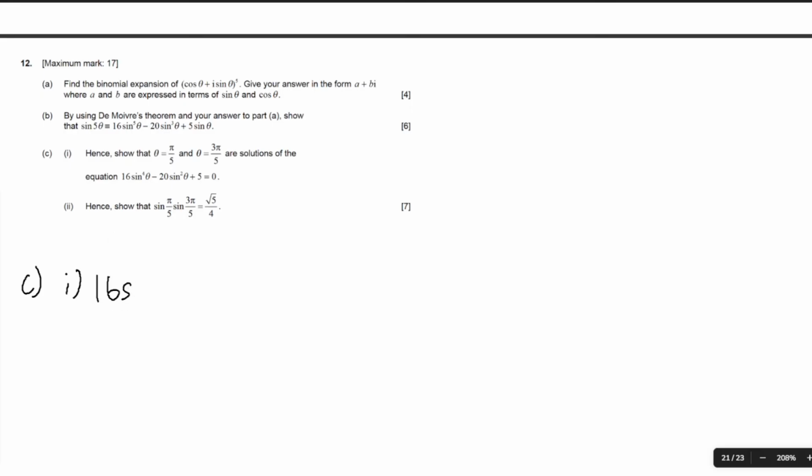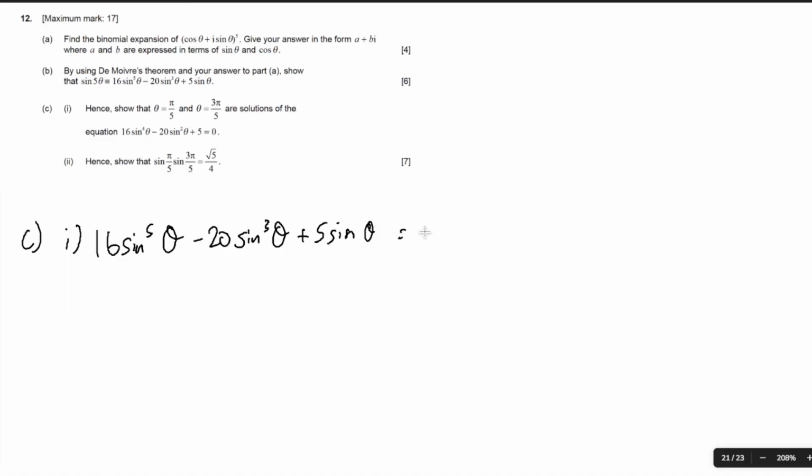So sine 5 theta is 16 sine power 5 theta minus 20 sine cube theta plus 5 sine theta. Okay, we can factorize sine theta out here.